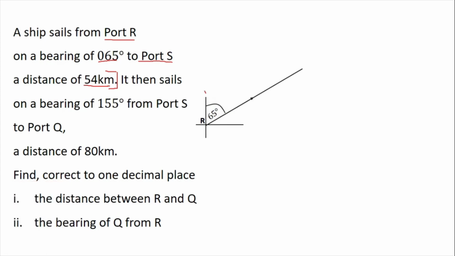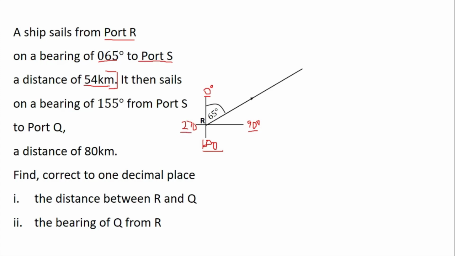Here is 0 degrees, here is 90 degrees, here is 180, and here is 270. Okay, so here is 0, 90, 180, and 270.